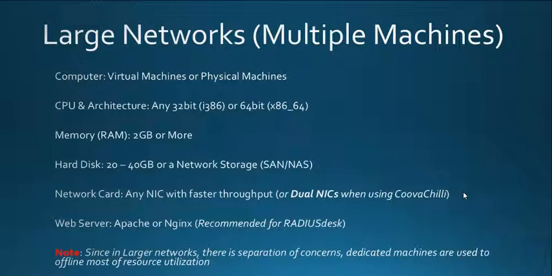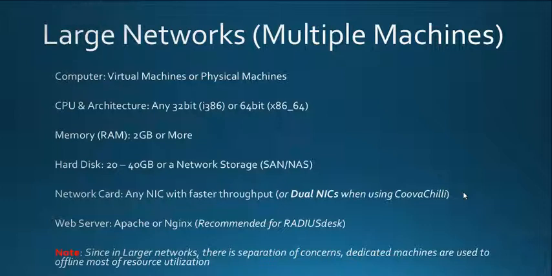So the next one here is the large networks. For large networks, I'm talking about multiple machines here where you have to separate concerns. Pretty much the same requirements as with the small networks, though with some minor tweaks or changes. Virtual machines will do as well if you're running a pure virtual environment, or physical machines if you have some boxes to spare.